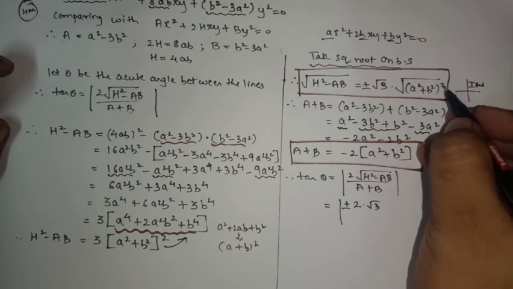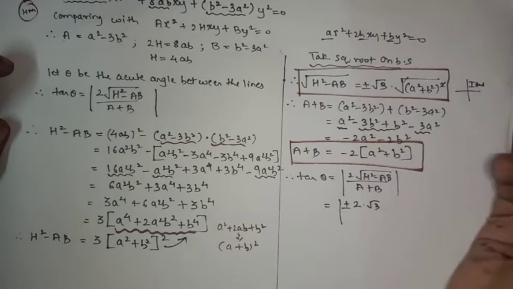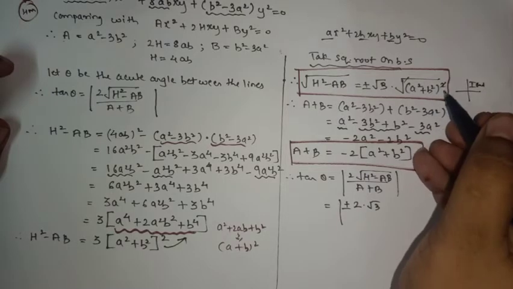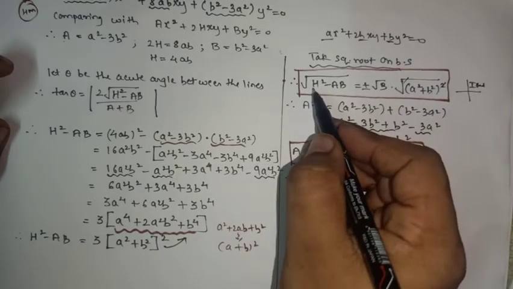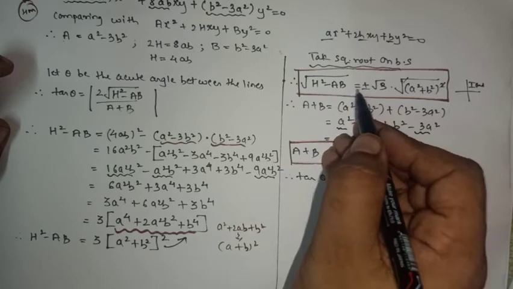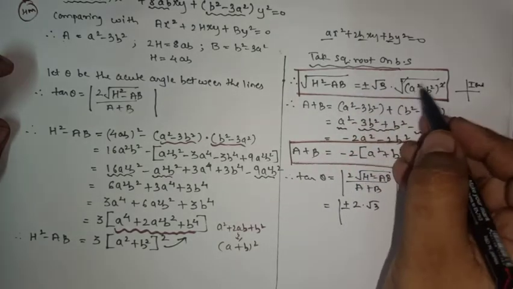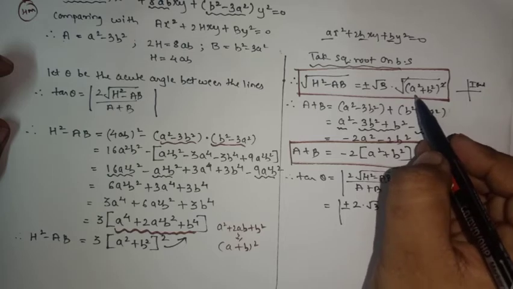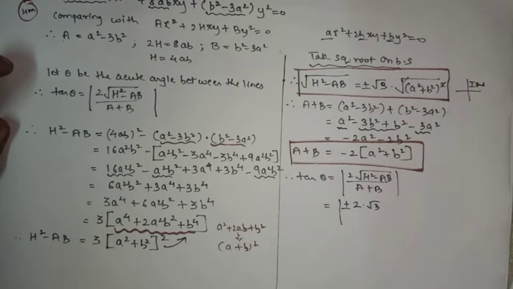So here can I say this square and square root will get cancelled. So here we are left with what actually? The answer of square root of h square minus ab is plus minus root 3. And when you cancel the square root and square, you will get a square plus b square. Yes or no?